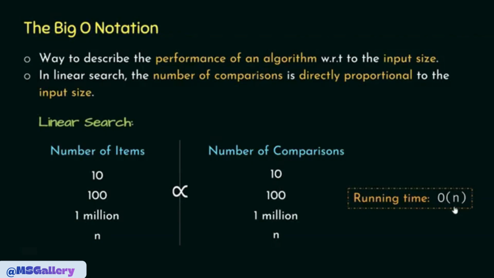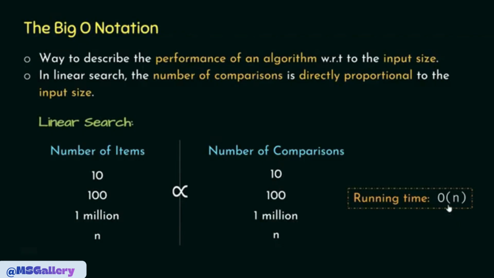Or in other words, it increases with the same rate as the input size. This is the meaning of linear growth. So the growth rate of linear search is linear. This means as the input size grows, the number of comparisons or the number of operations also grows with the same rate. I hope this idea is clear.